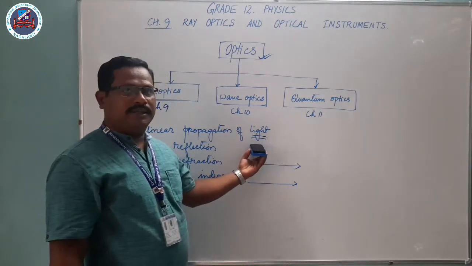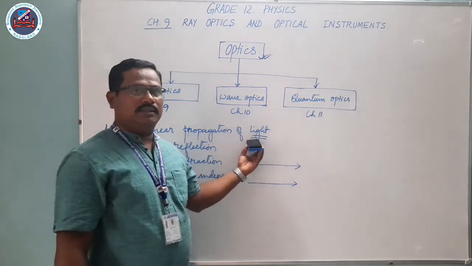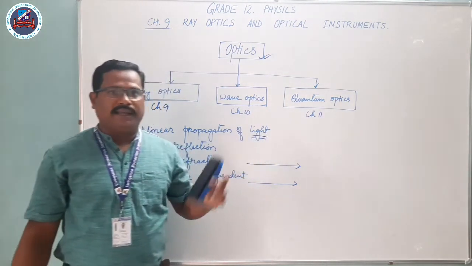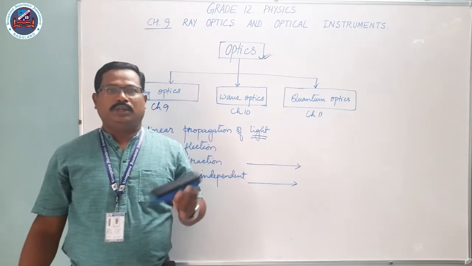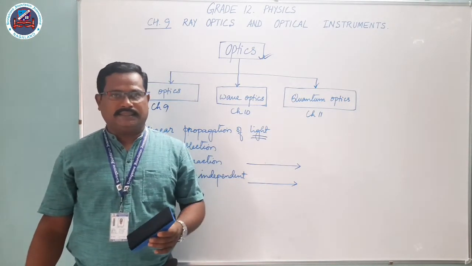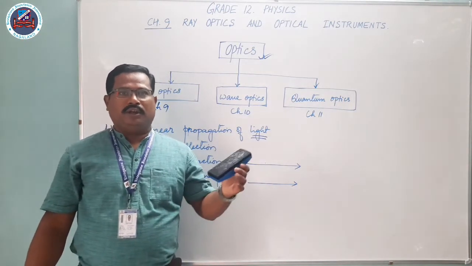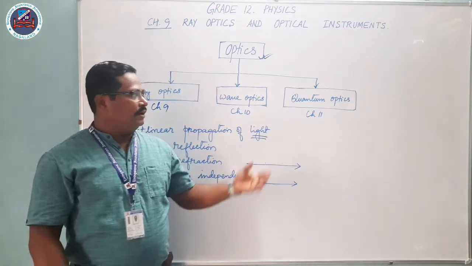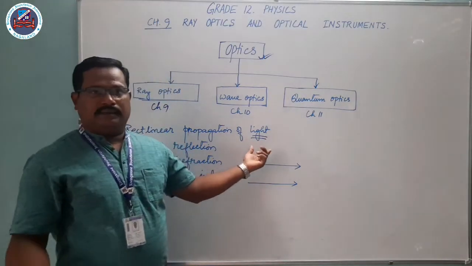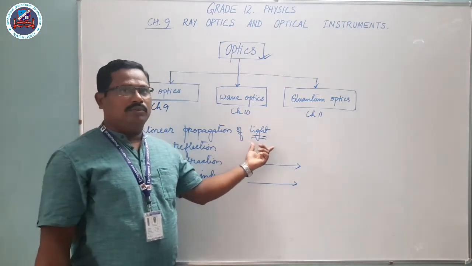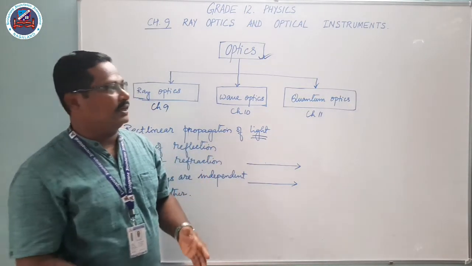When we say electromagnetic wave, you might have learned in smaller classes, those waves which can travel through solid, liquid and gases, as well as through vacuum. And light alone is not an electromagnetic wave. Along with it, 6 more are there together.